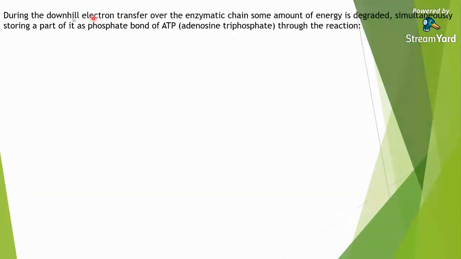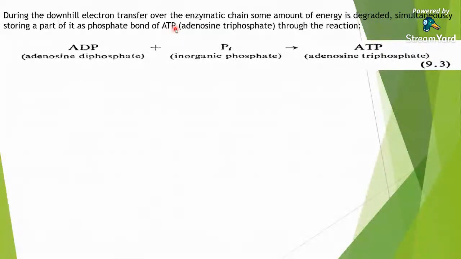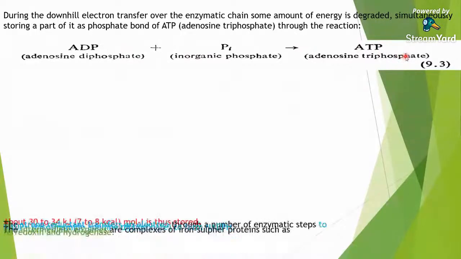The reaction is ADP plus Pi, where Pi is the inorganic phosphate that combines with adenosine diphosphate and forms adenosine triphosphate.